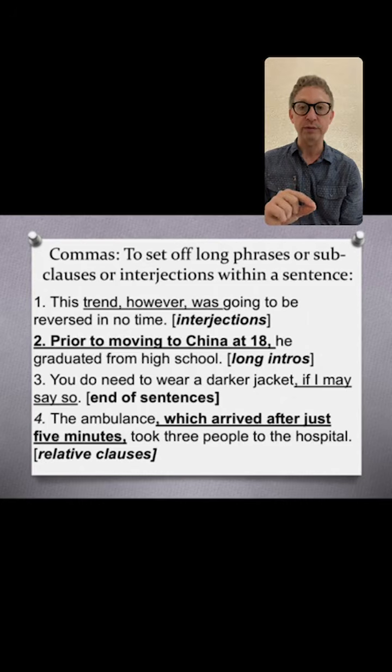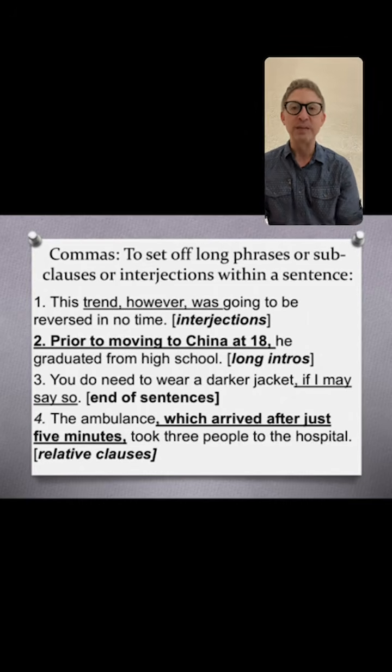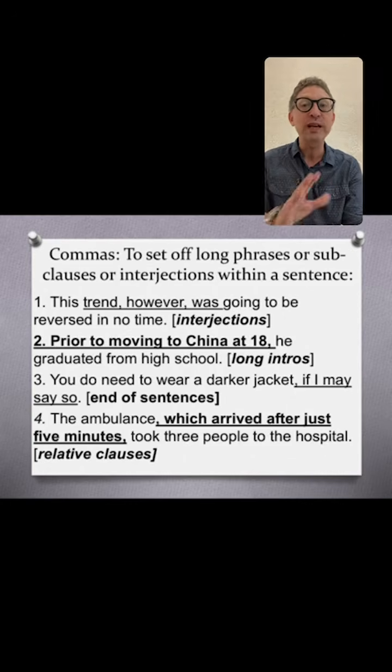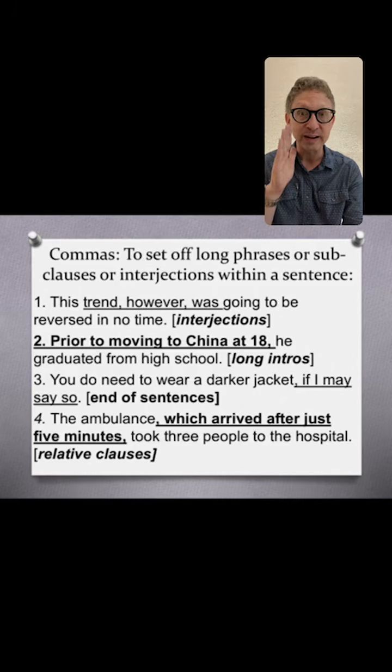So let's look at the interjection first. "This trend, however, was going to be reversed in no time." So "however" is interjected or placed in there, but we don't need it to complete the sentence. We could say, "This trend was going to be reversed in no time." In no time means quickly.